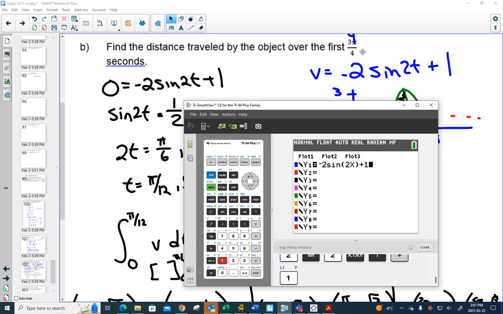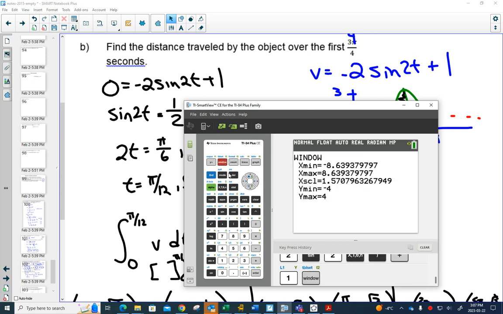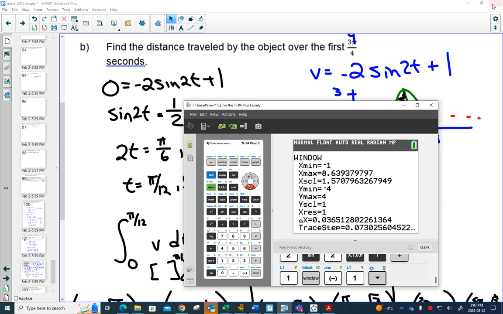And we're looking over the first 3 pi over 4 seconds, so we can set, maybe we'll start at -1 just so we can see our x-axis.